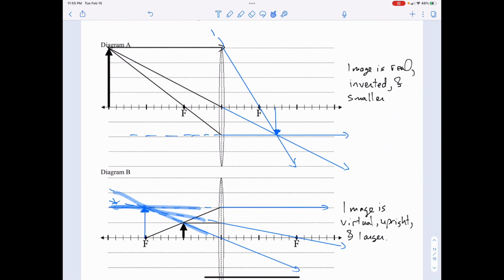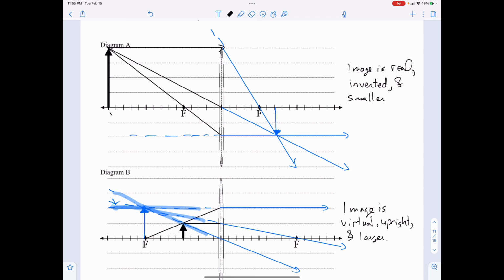Diagram A, the object was placed 5, 10, 15 units away. You can see the focal length is 5 units away, and the object seems to be about 4 units high. The image appears to be about 2 units high, and it appears to be, I don't know, between 5 and 10 units beyond the far side of the lens.